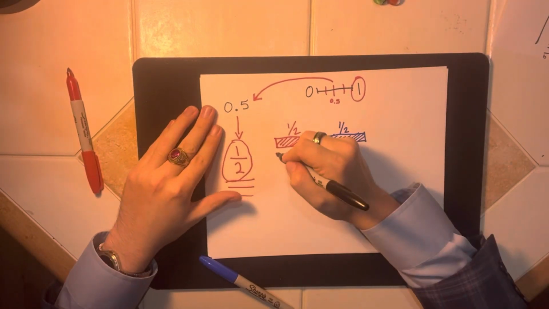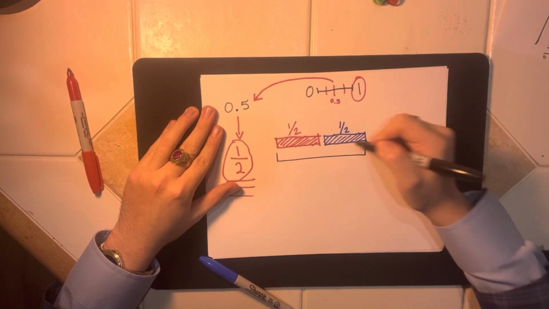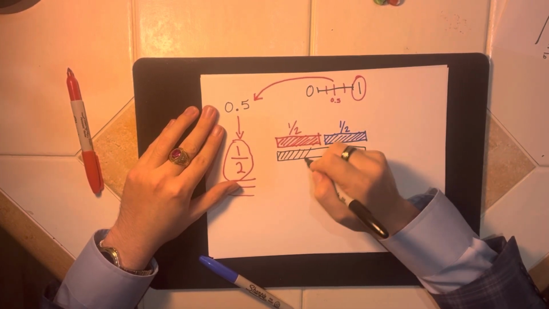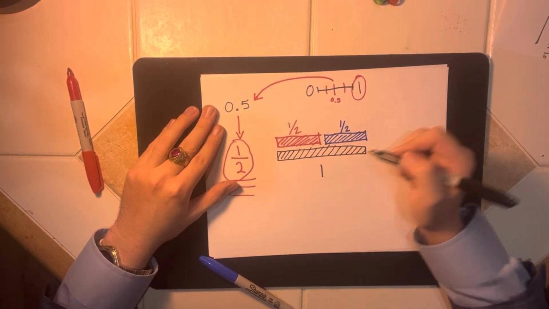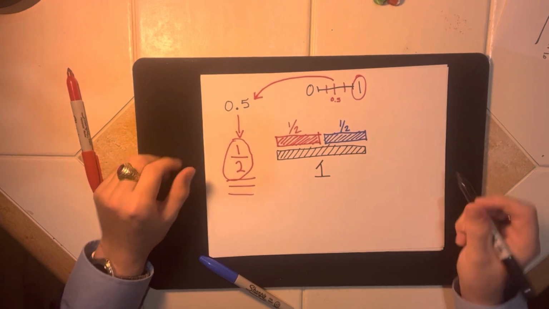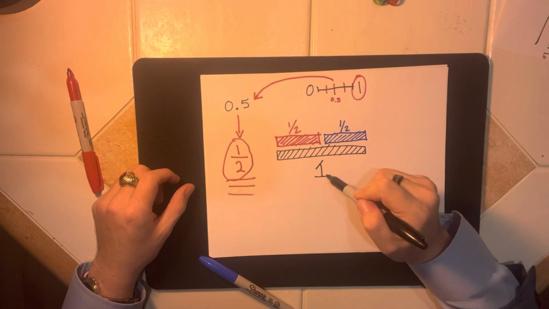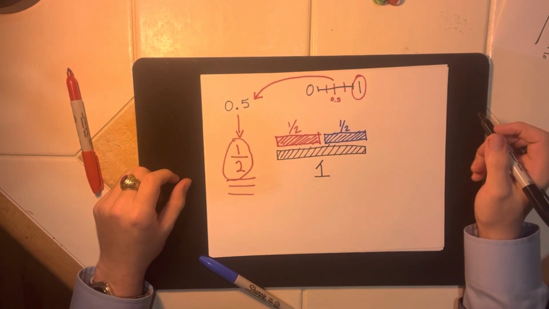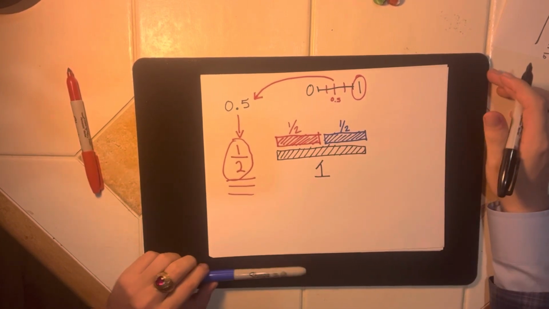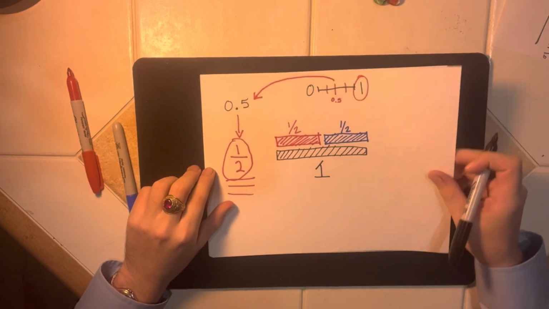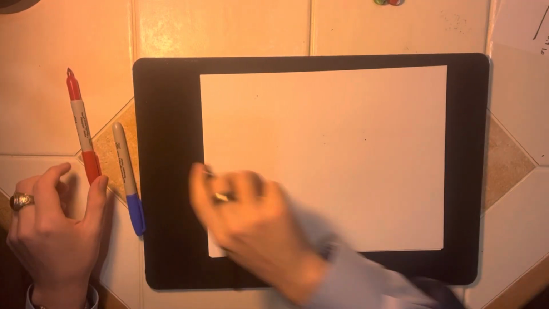Both of them together is gonna get you 1. So 2/2 is equal to 1. Very, very easy, simple stuff. But the more and more complex we get, the more and more difficult it's going to be.